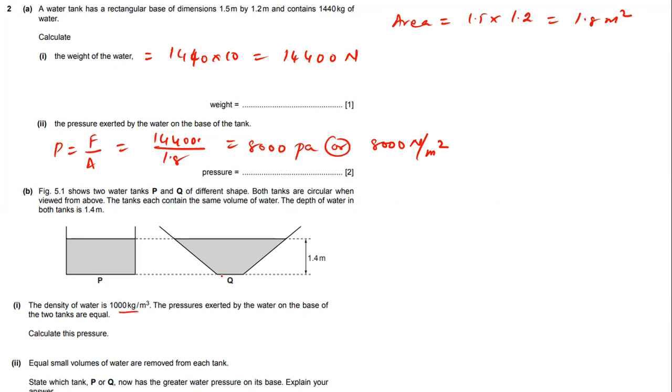We can't calculate the mass because we don't know the volume. Nor is the area given to you, right? Area is also different. It's a smaller base here, and a larger base over here. So you will not be able to do it using this formula. Then what do we do here?